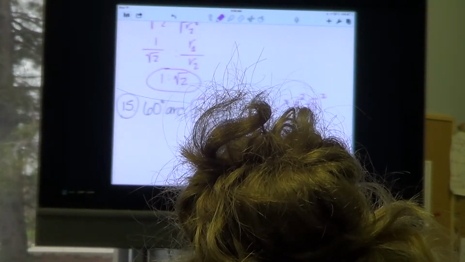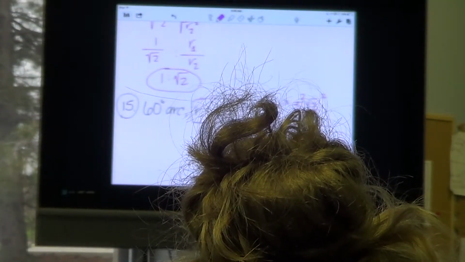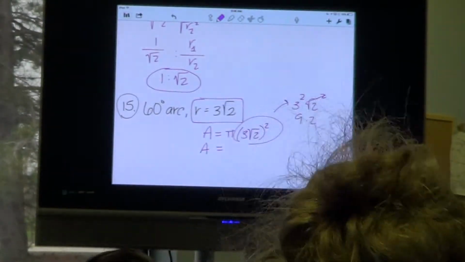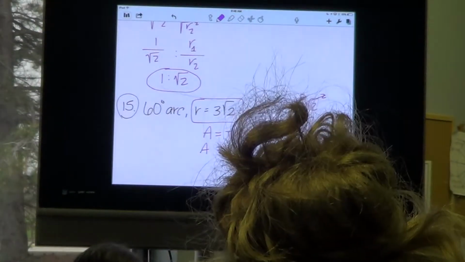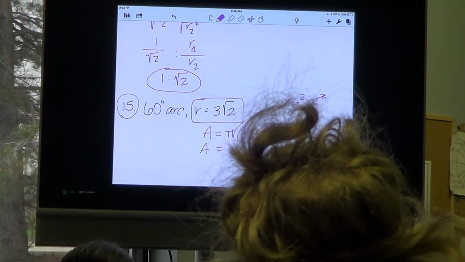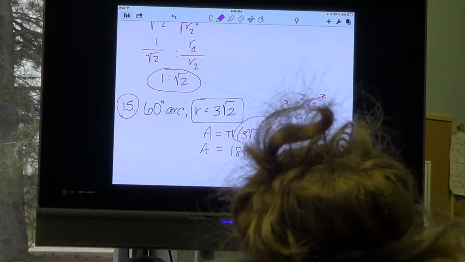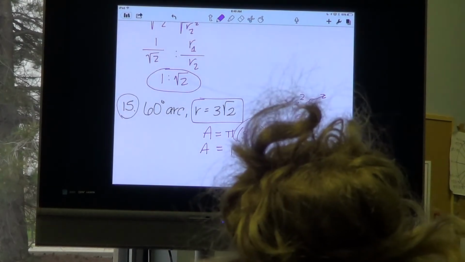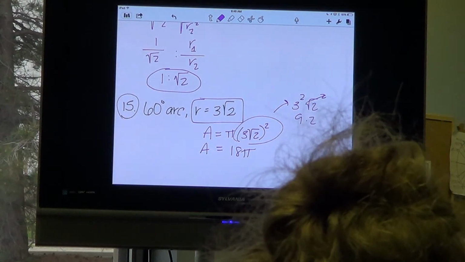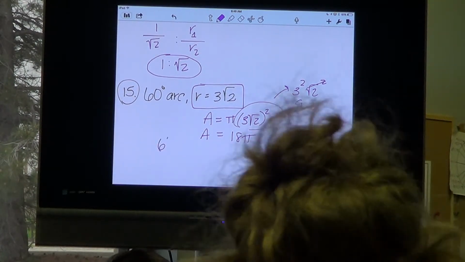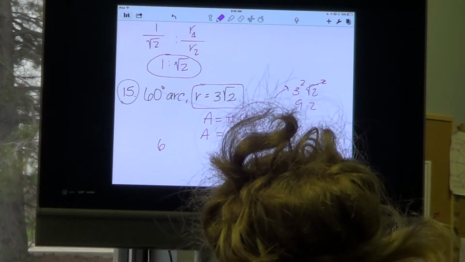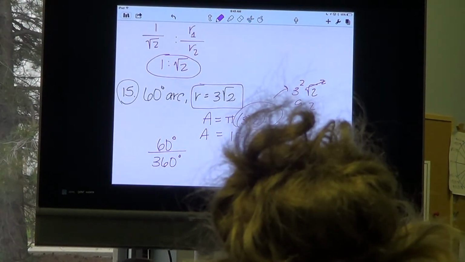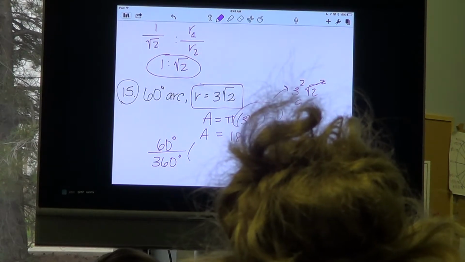So that would give you 9 times 2, which would be 18. So the area of the circle with that radius would be 18 pi. And if we're finding the area of a sector of that circle with a 60-degree arc, we take 60 degrees divided by 360 degrees and multiply that by the area.